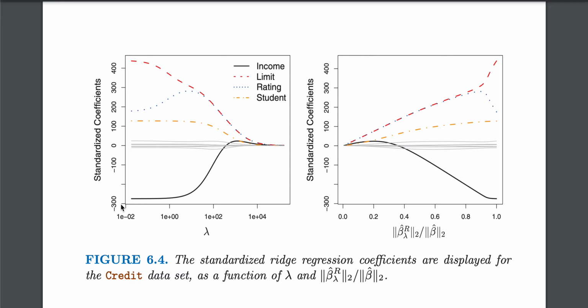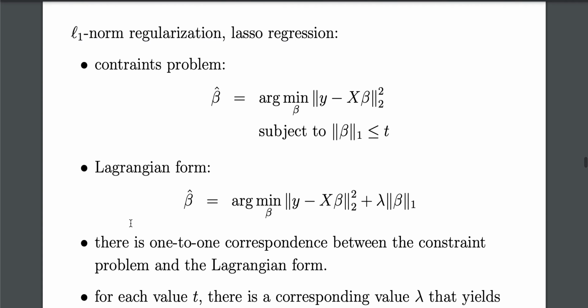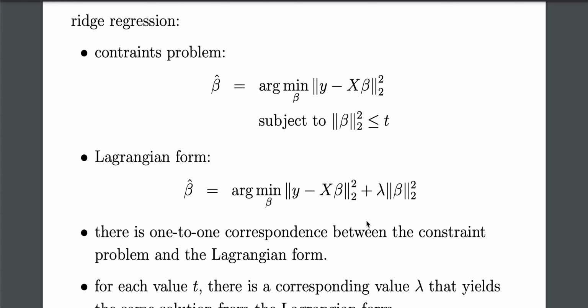So when lambda is 0, the corresponding ridge coefficient estimates are the same as the usual least squares estimates. Remember, when lambda is 0, we don't have this penalty term, so we are solving the least squares problem.